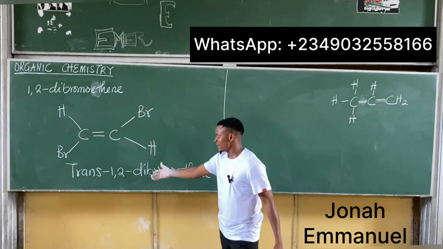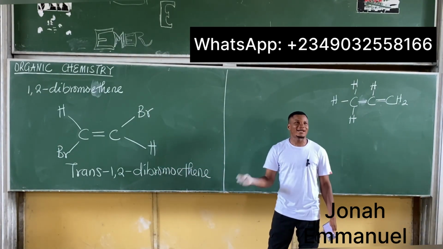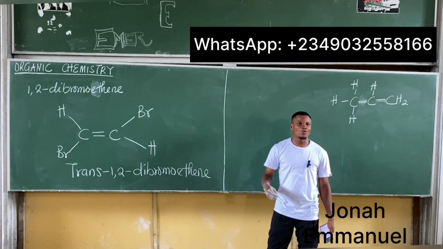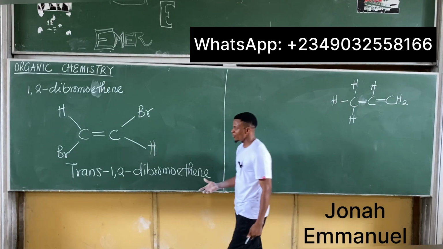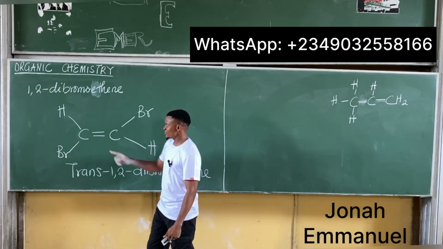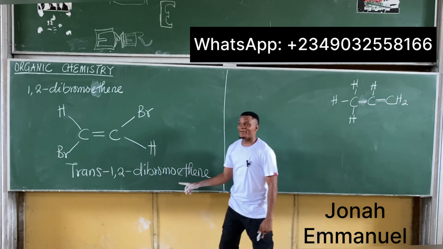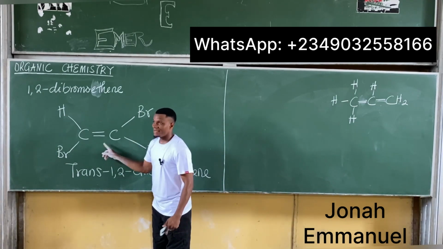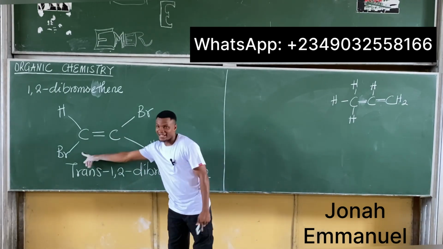The same thing is happening here. Why are you stressing the 1,2-dibromo when technically there can be no 1,1 if it's trans? Get the concept. First of all, if it's trans, that means these two have to be opposite. If it's an 18, that means I have two carbon. That means the only free space for the bromine is just here and here.